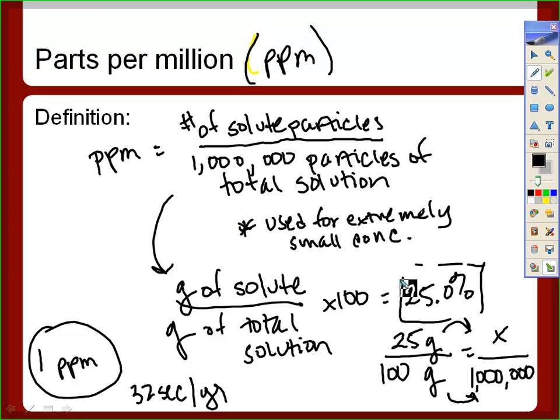Something like a 25% by mass would not be appropriate for parts per million. But those two are related to each other because instead of percent, which means per 100, we've got per 1 million. There are actually even parts per billion. We're not going to get into that, but some things are so tiny that even parts per million don't work. We need a parts per billion.